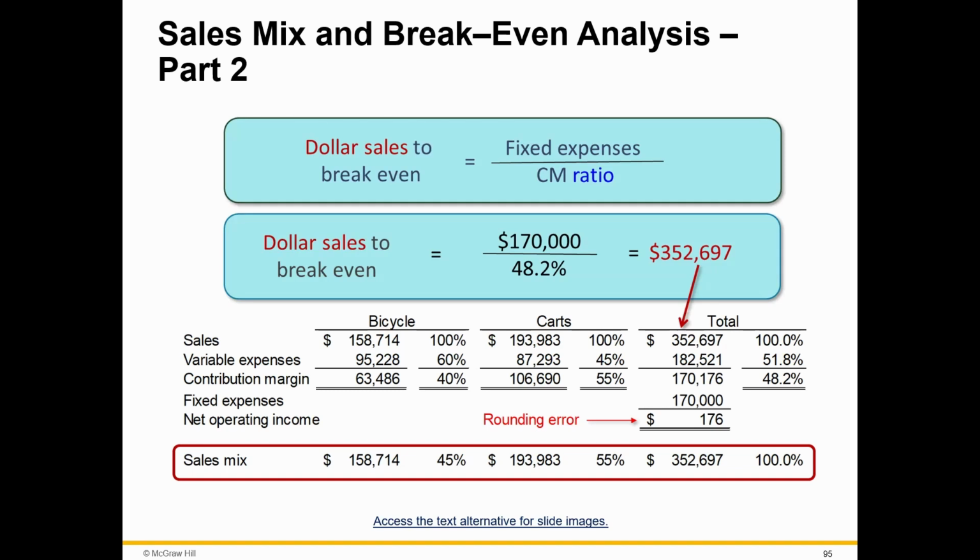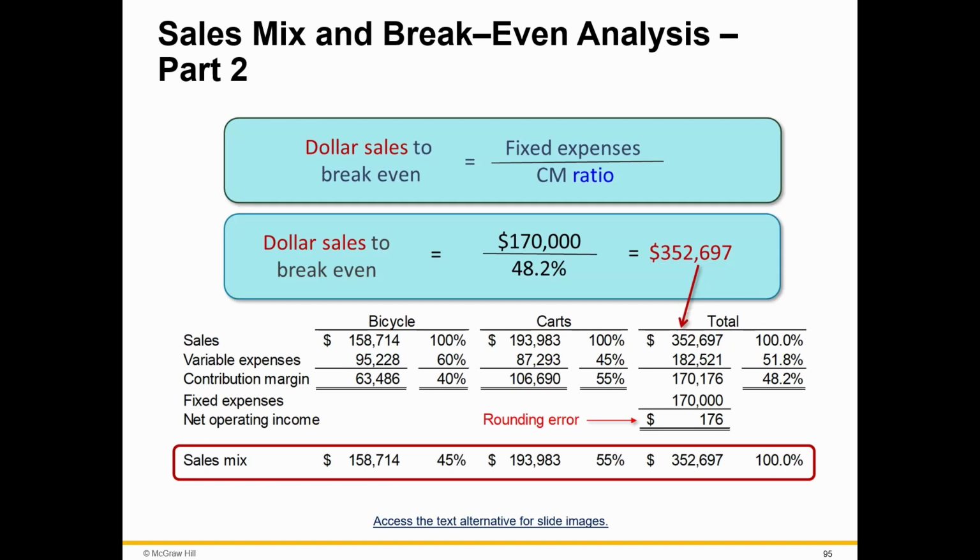To find the break-even, we take the fixed expenses divided by the ratio that we calculated, so 170,000 divided by 48.2% comes out to 352,697 in sales. Minus our variable expenses gives us the contribution margin of 170,176, and 170,000 is our fixed. So there's just a little bit of error there, but it gets us close enough that we can get an idea of what we would have to do.